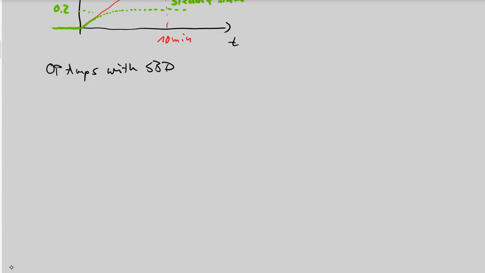What is an OpAmp? The symbol for an OpAmp is a triangle with an output signal, and an OpAmp has two input lines, two input pins, a positive input pin and a negative input pin. And the voltage between these both pins is a differential voltage.